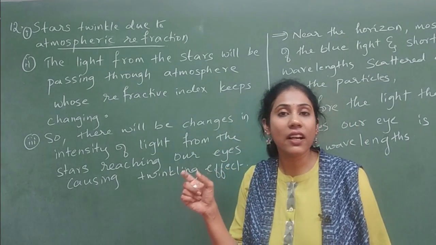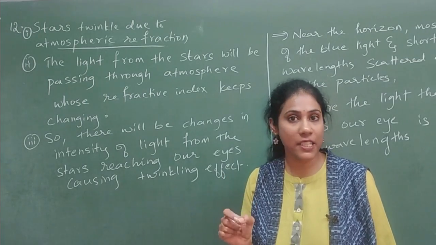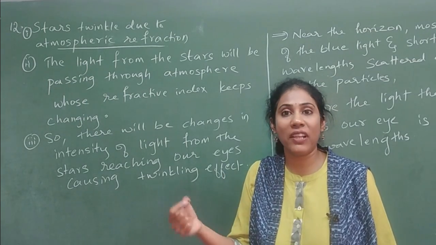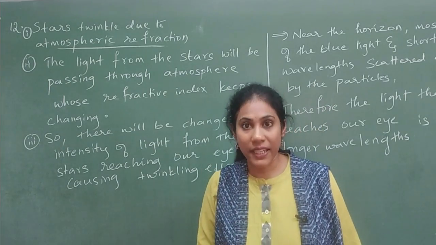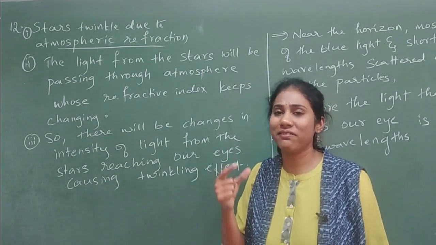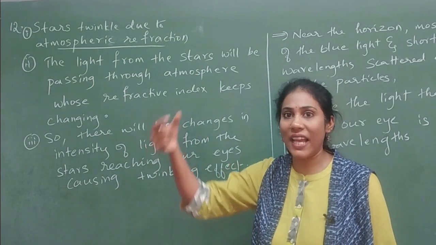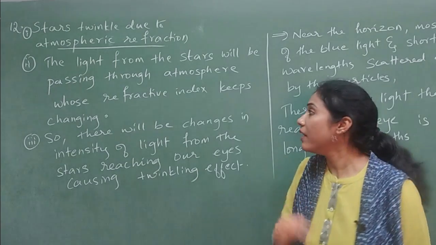So whenever light passes through these particles, refraction of light takes place because the speed of light differs when it passes through different particles, right? So continuous refraction keeps on happening when light from a star has to reach our eye.